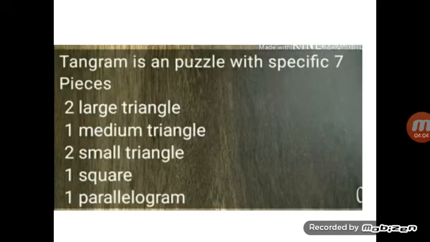Now Tangram is a puzzle with specific 7 pieces. Here in the Tangram, there should be particular 7 pieces. It should not be more than 7 pieces. What 7 pieces? 2 large triangles, as you have seen there, 1 medium triangle, 2 small triangles, 1 square, 1 parallelogram.